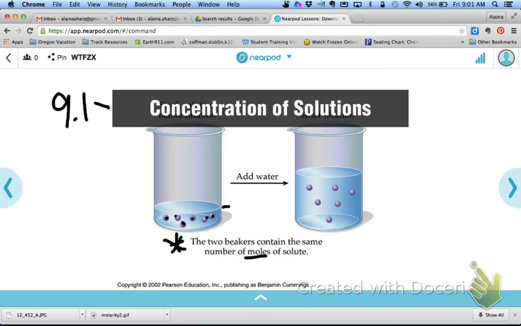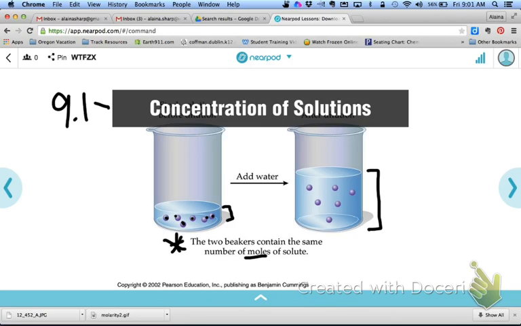Here we have a very small amount of water. Here we have the same number, 6 moles of oxygen, but there's more water. So that's a difference in concentration. It's the area in which those solute particles are either confined or spread out. It tells you the number of moles per unit volume. That's what we're talking about, concentration.